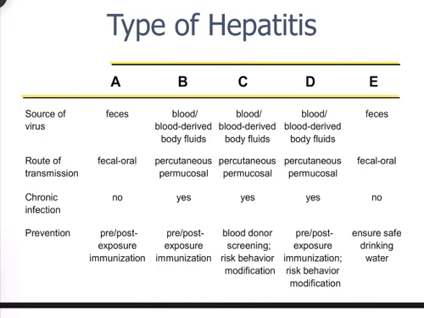Next, your B. This can be found in the blood, okay, bodily fluids, and other blood-derived products. This can be transmitted through percutaneous or permucosal. How is the percutaneous? So sa atin, we do have the needle prick injury.